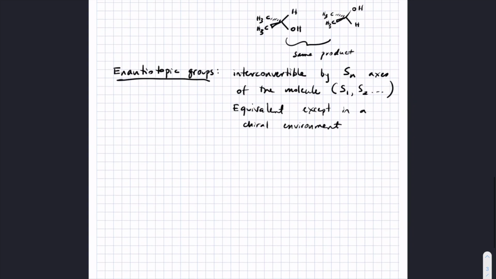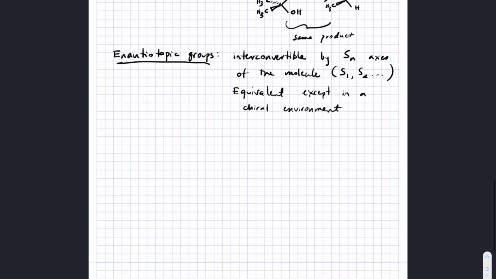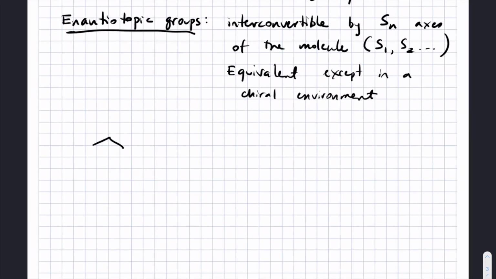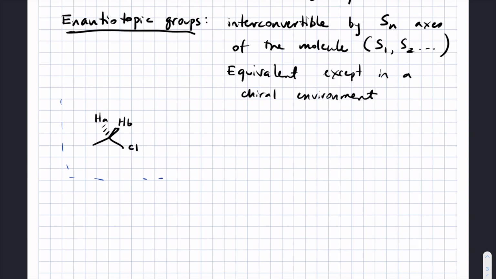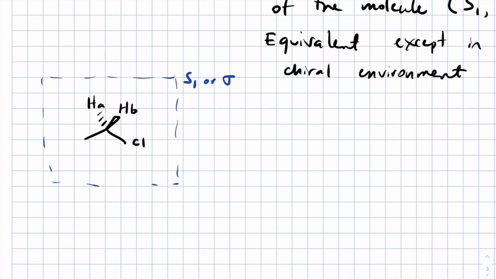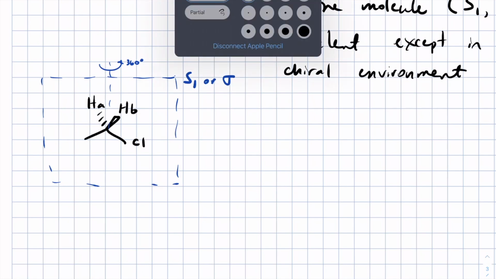All right, so as an example, let's look at a CH2 group in a not chiral molecule, HA and HB. They are interchangeable not by a regular axis of rotation, but by the S1 axis, where you rotate 360 degrees and then reflect, or you can just think of it as a mirror plane.